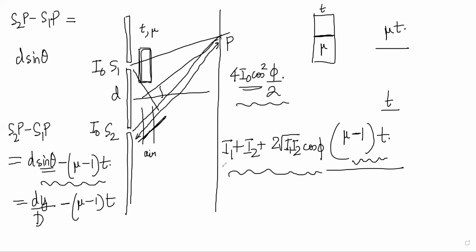Because I1 is K A1 square and I2 is K A2 square; this is the same amplitude formula except written in terms of intensities. If I1 and I2 are both I naught, then it becomes 2I plus 2I cos phi, which is this, correct? And phi has been calculated by this method, right?